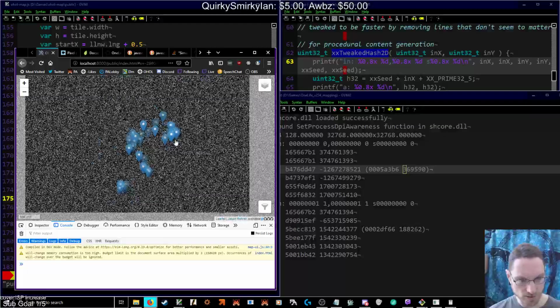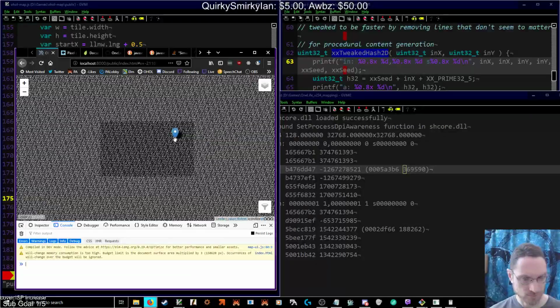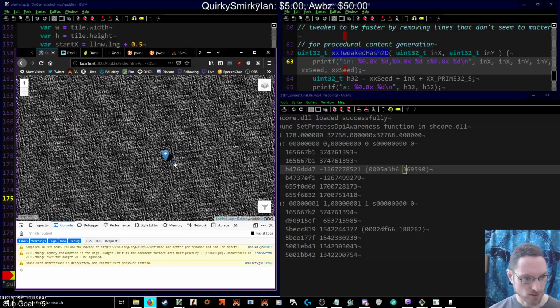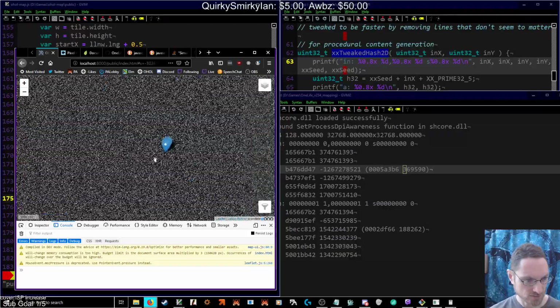That looks like a hash function. Doesn't seem to break down at distance.